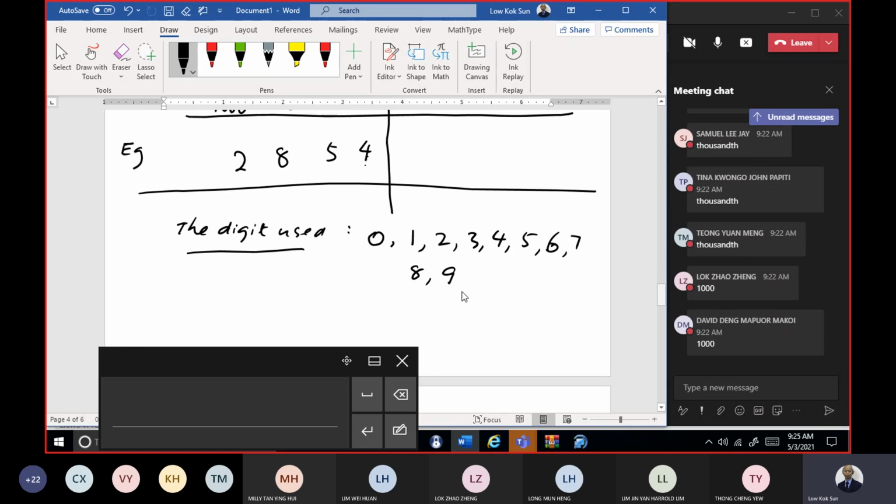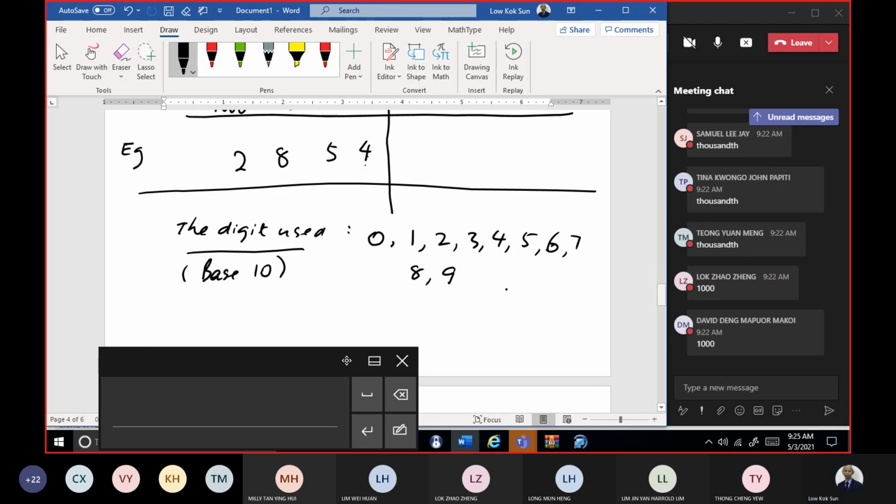So in base 10, we can only use 0 until 9. No number 10. 10 cannot be used. 10 will be repeated. When you come to 9, it is full already, and the next number is 10, which is already up here.